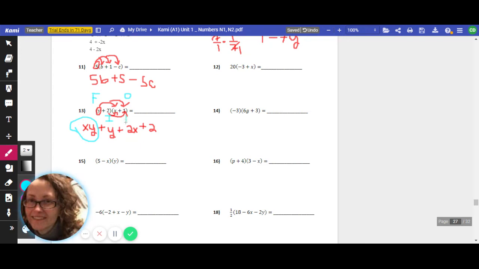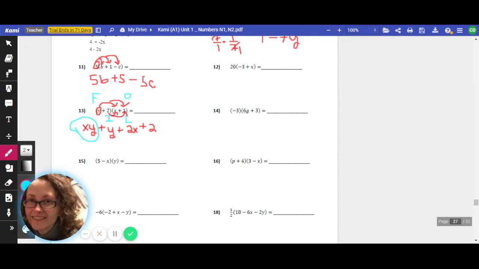And this word FOIL just kind of helps us remember that we need to do this multiplication 4 times. So we need to multiply the front of this times the front of the second parentheses, that's our F. I need to multiply the outsides, the first term here and the last term here would be the outsides of those two parentheses. I need to multiply the two inside terms, the 2 and the x, and I need to multiply the two last terms, the 2 and the 1.